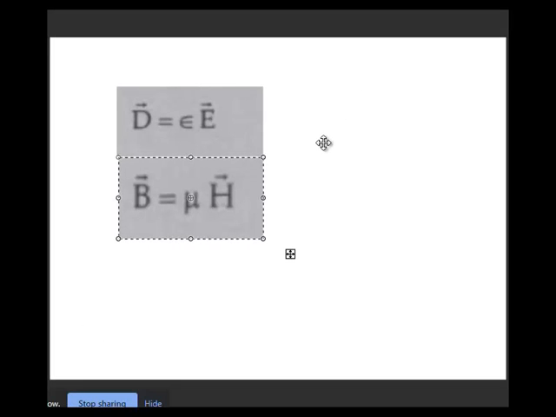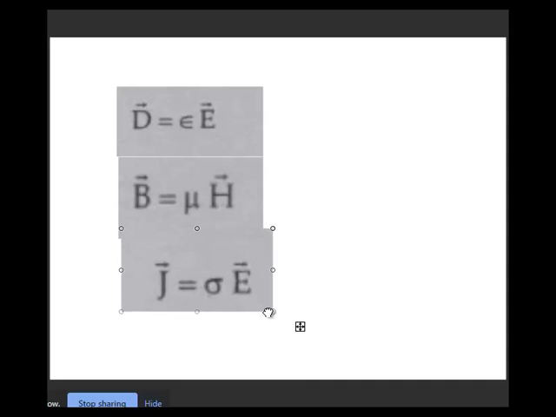And the third relation is for current density. You can see on the left hand side there is a current density, and on the right hand side we have electric field intensity. So electric field intensity has a relation with D as well as J. This sigma is conductivity.